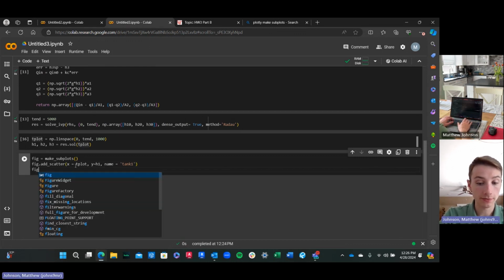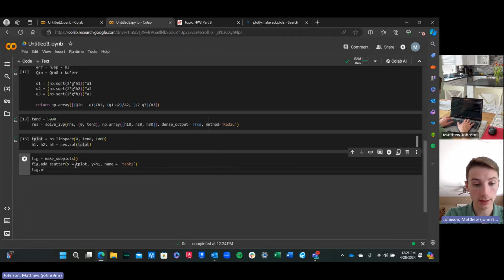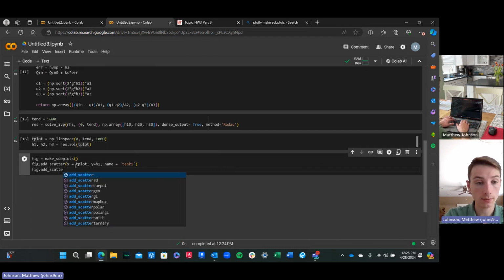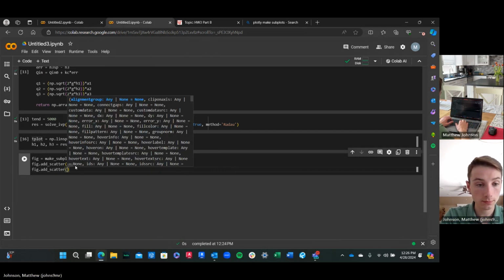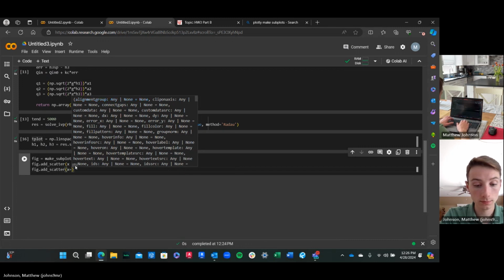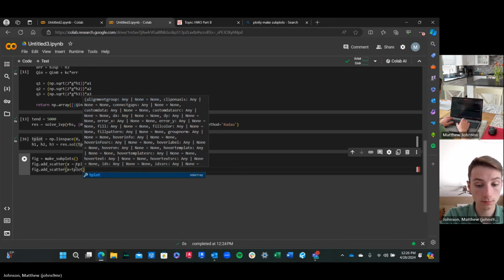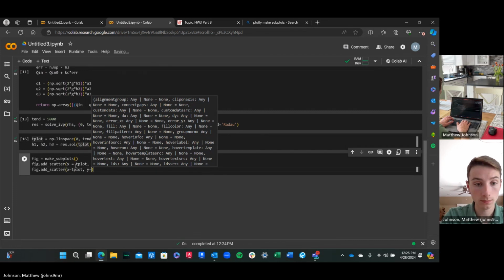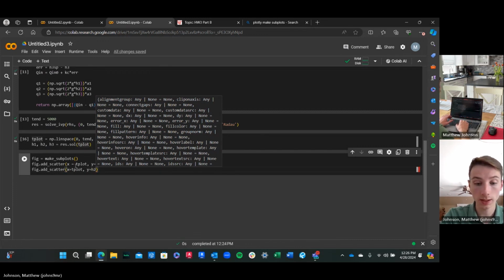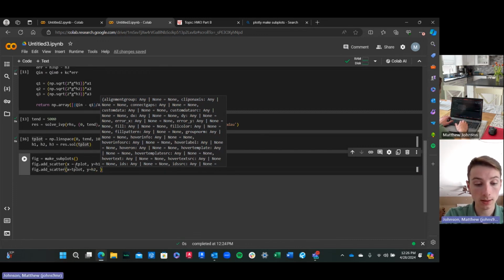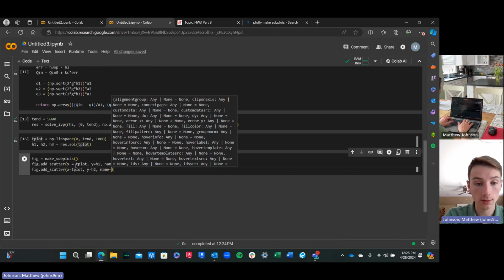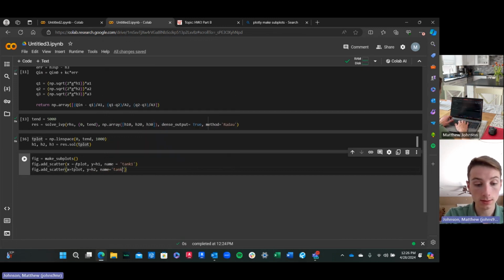We need to do this for every tank. So we have now add_scatter, y equals h2, and the name of this one, tank 2.